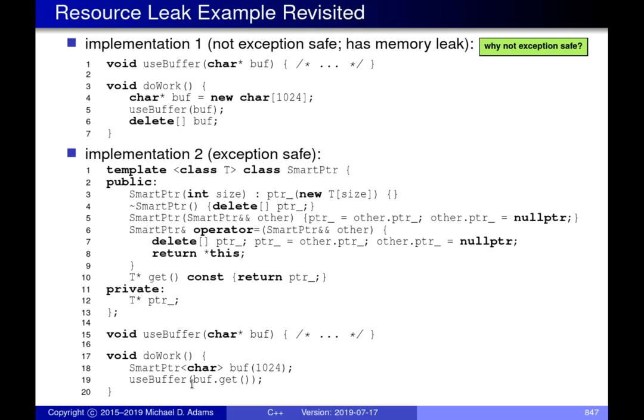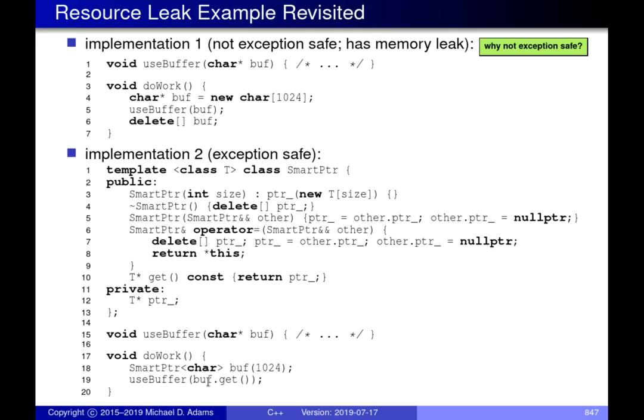And this is okay to do here because useBuffer is only using this pointer for the purposes of accessing what it points to. It's not participating in ownership operations. It doesn't participate in allocating or deallocating memory. This is what makes it okay to pass a raw pointer around. Generally, the cases where you want to use raw pointers when passing them into functions is if the behavior of the function is that it just wants to observe what the pointer is pointing to, or possibly modify it, but it's not going to participate in the ownership operations, basically allocating and deallocating memory.